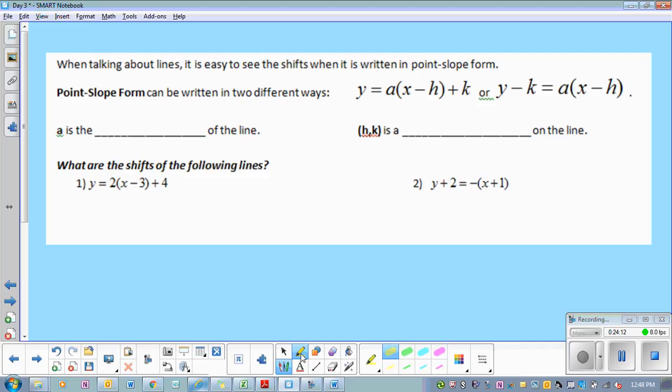Okay, and they're going to be written out there for you. Here you go. Y equals, or y minus k equals. Okay? All right, so A. Those A's, that's the slope of the line.